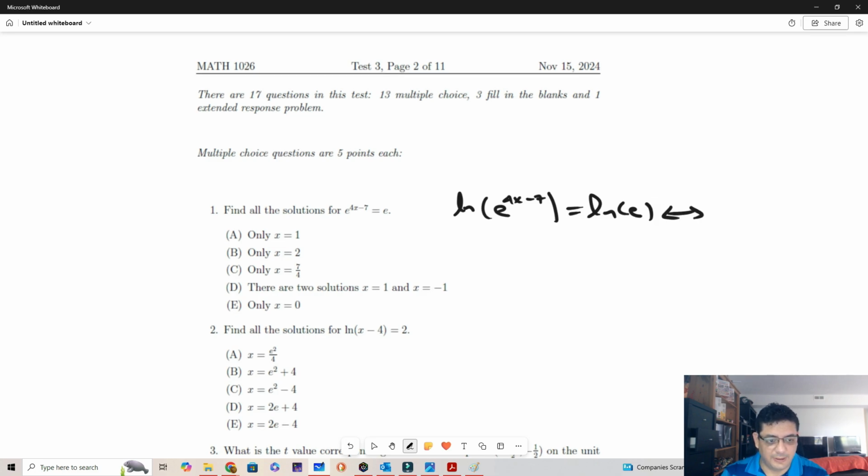Log of e is of course 1, and the log cancels with the e, so I'm going to get 4x minus 7 equals 1. This means 4x equals 8, and this means x equals 8 over 4, so it equals 2. So the solution here is only 2.